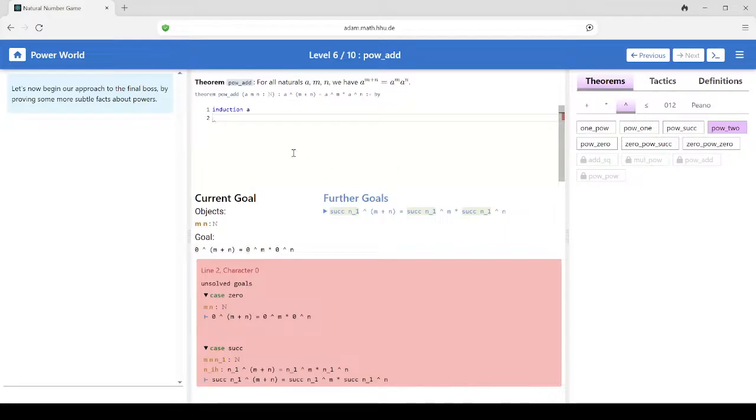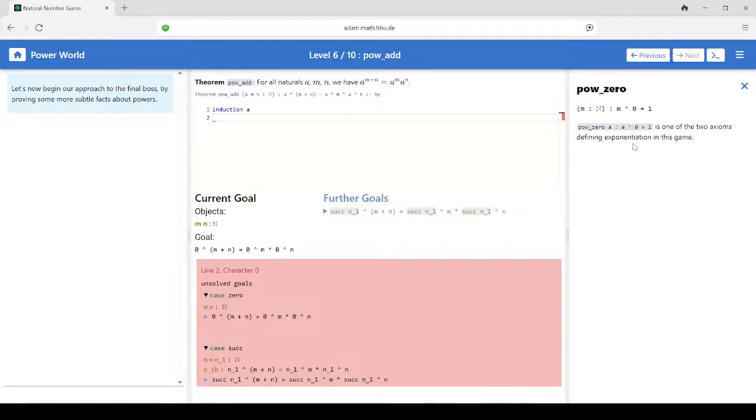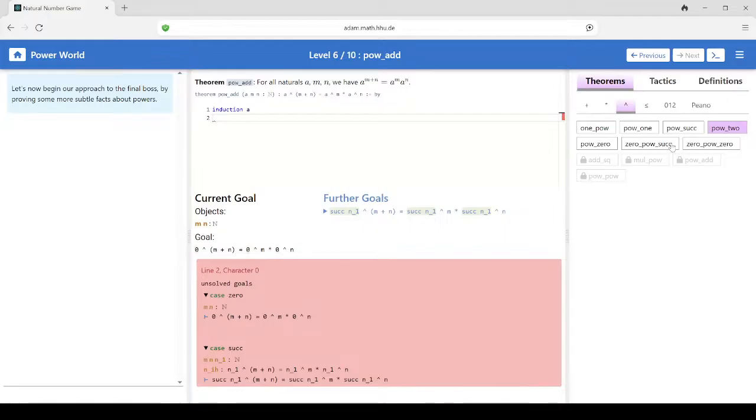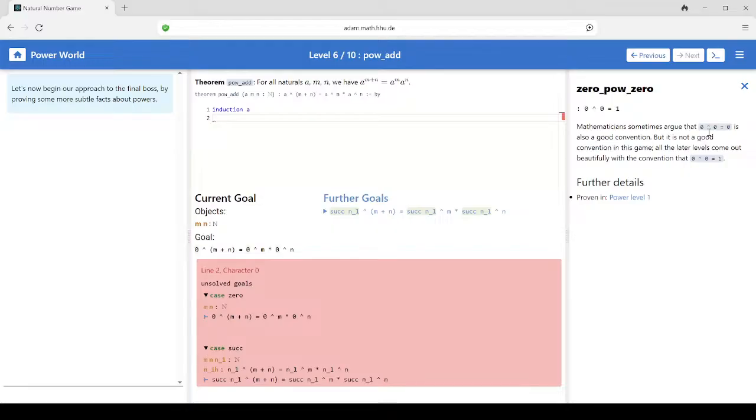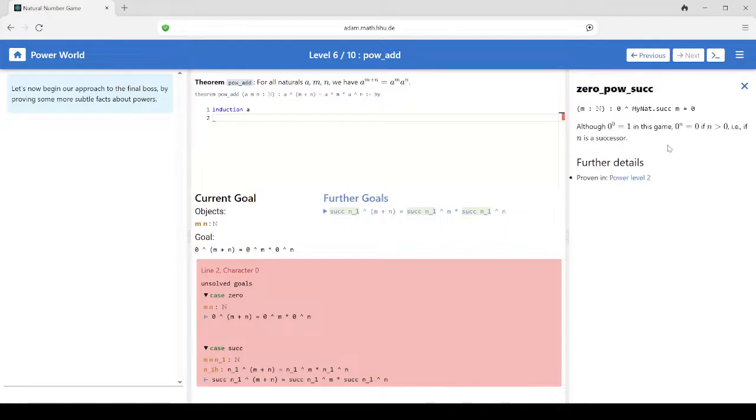Zero to the power of anything is still going to be... Will that work?